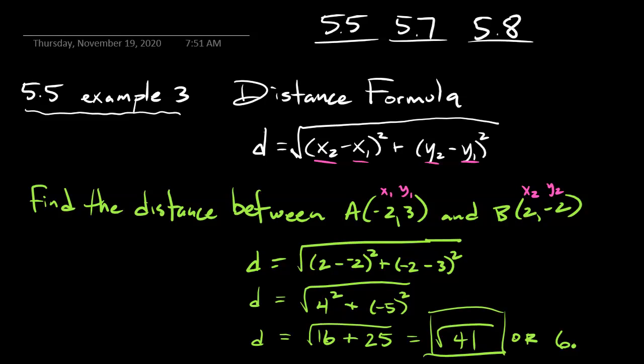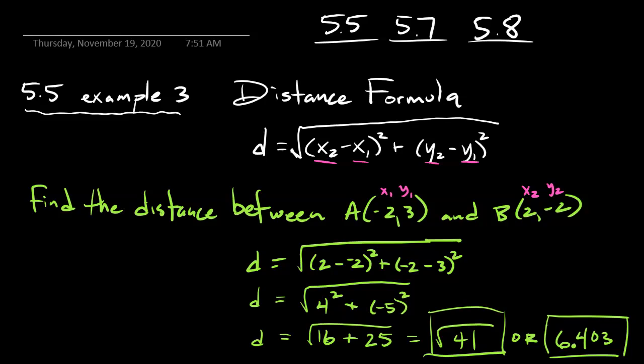Oh, I was wrong. What is it? 6.4 what? Shoot. I was hoping it was going to be 6.5. I was wrong. Okay, but excellent. 6.4 would have been a totally perfect answer. I didn't need to write those other numbers. So answer either one of those.